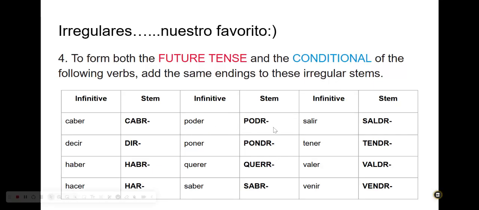So the é, ás, á, emos, and án, or ía, ías, ía, íamos, or ían. So like pondrías would be like you would or could be able to. See? And that's it. That's all we have. That's all the slides. Qué fácil, no? Pretty easy, yes?